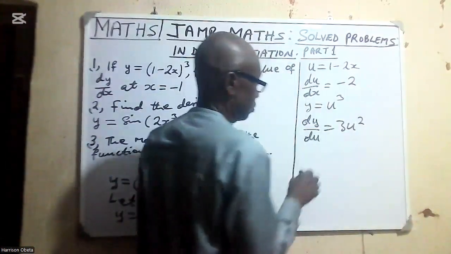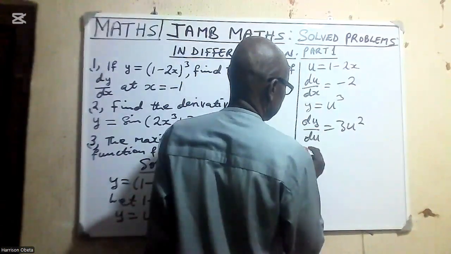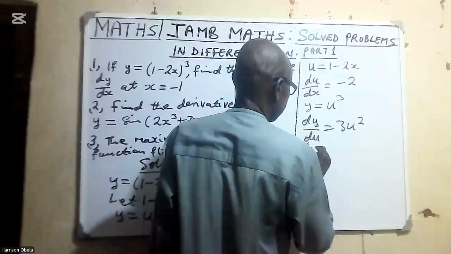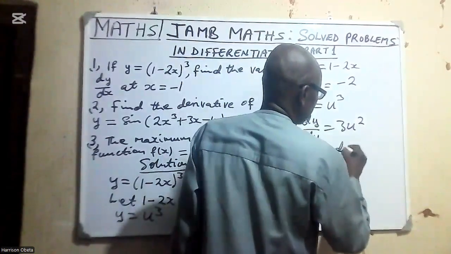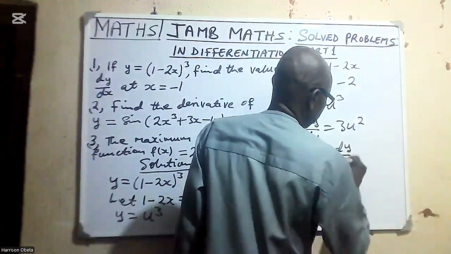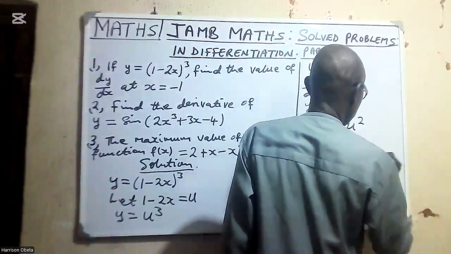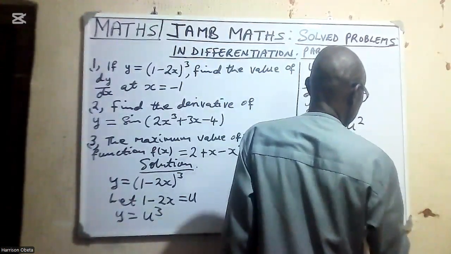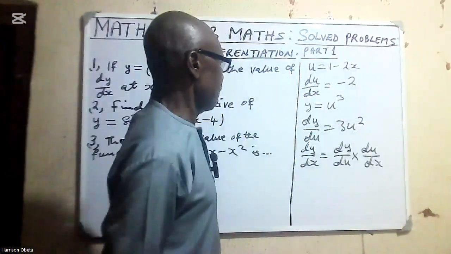So, bringing everything together, we know that the formula is dy/dx equal to dy/du multiplied by du/dx. So the only thing is that we have to substitute the values there.